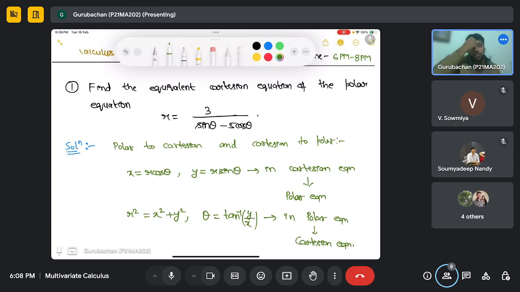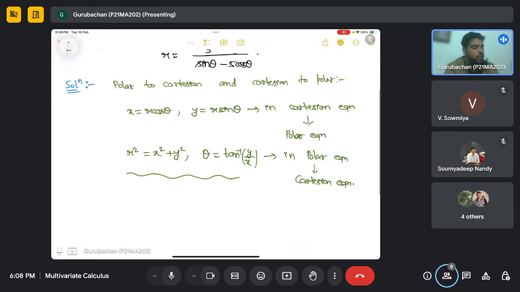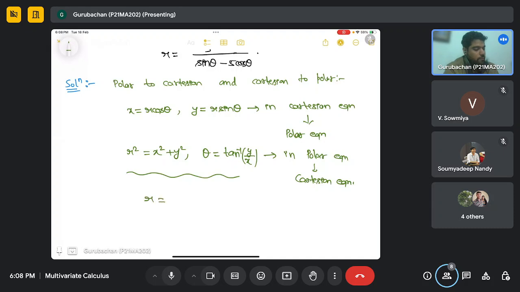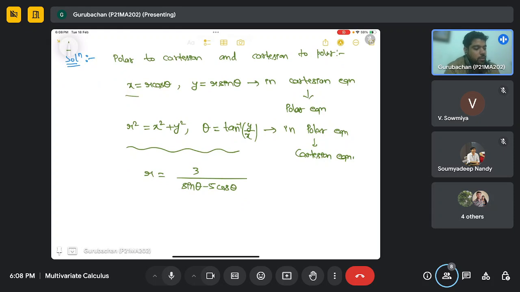Okay, so here we don't need to substitute like this. We just need to make some rearrangements in the given equation. We have given 3 divided by sine theta minus 5 cos theta. We know that x is equal to r cos theta and y is equal to r sine theta. So we can multiply this sine theta and minus 5 cos theta to the left hand side and we get the following.